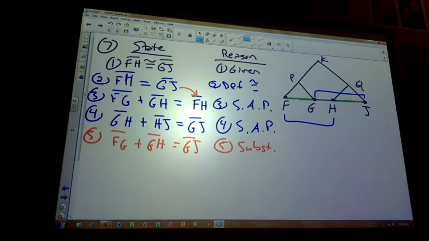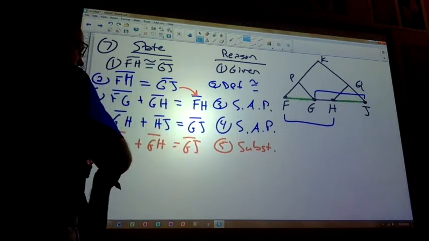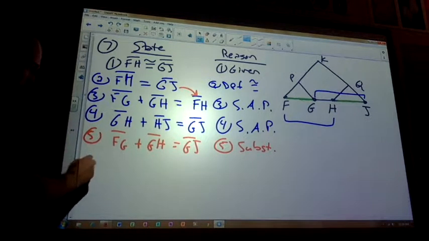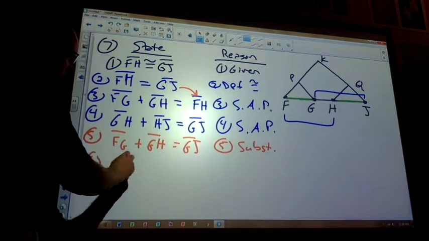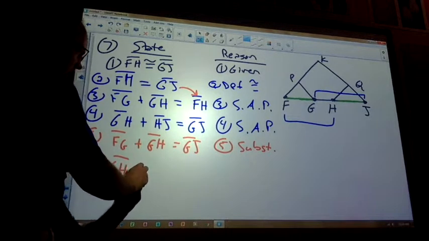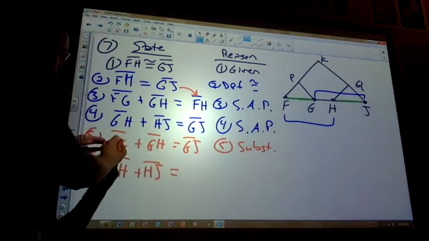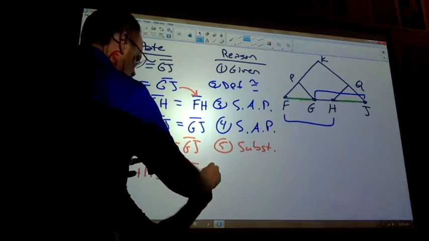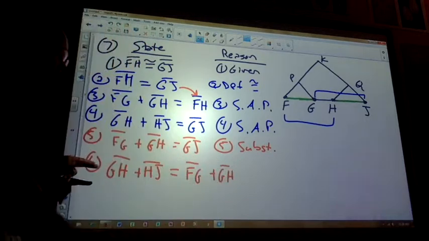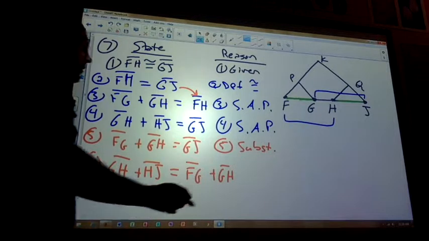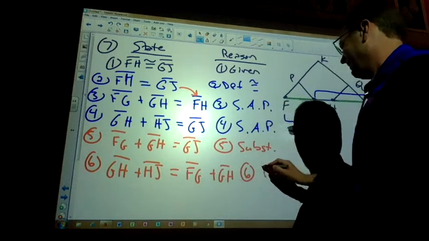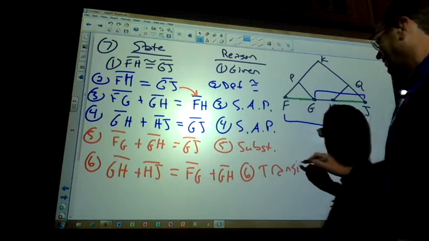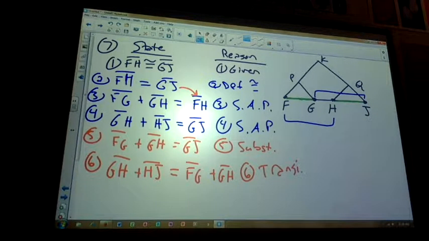Being that this is equal to GJ and this is equal to GJ, then I can state that GH plus HJ is equal to FG plus GH. And what would that property be? Transitive.